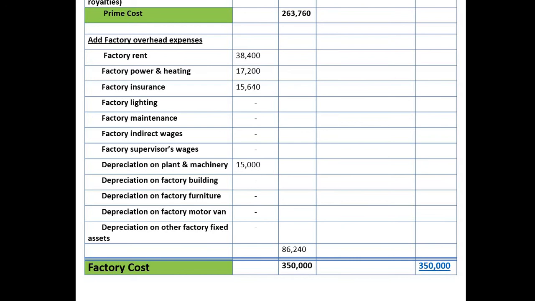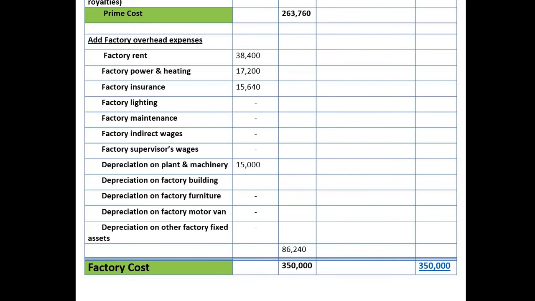And here we need to do some little mathematics calculation. Remember, we were given the initial value or the book value of plant and machinery, which was 150,000. But we were told that the depreciation rate was 10%. Therefore, how do you get the depreciation?